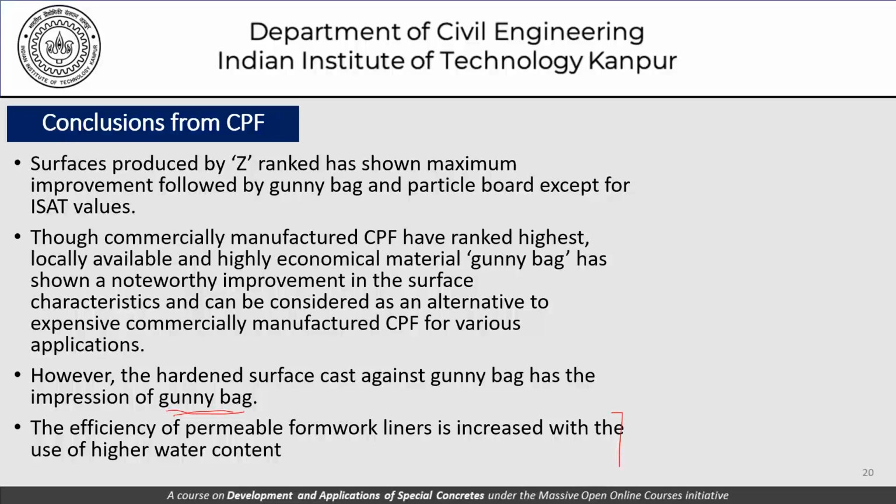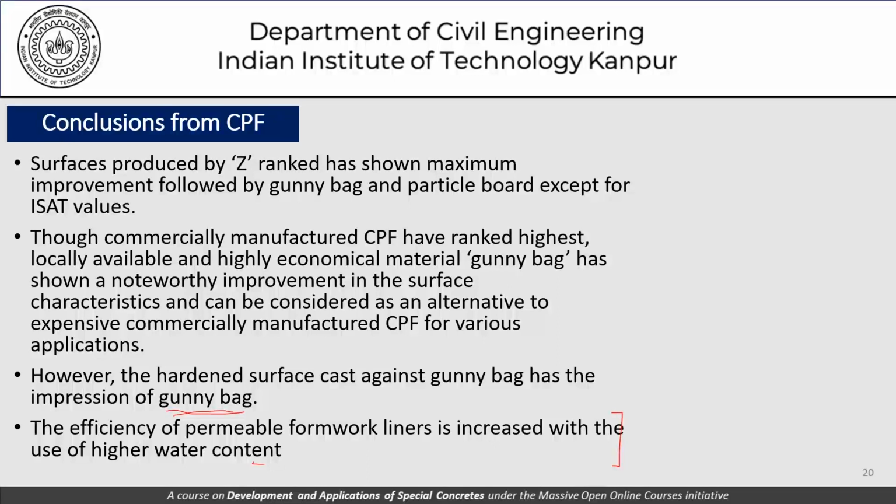So of course this conclusion we have not stressed too much as far as our discussion today is concerned, because that was the P1, P2 kind of a discussion. That is when I said that P1 and P2 is for the same CPF liner but different concretes, and the different concretes had different water contents. But that's not really a major discussion point today.